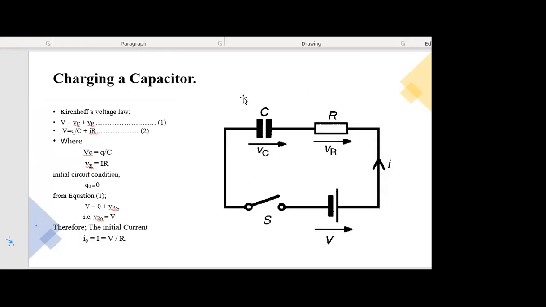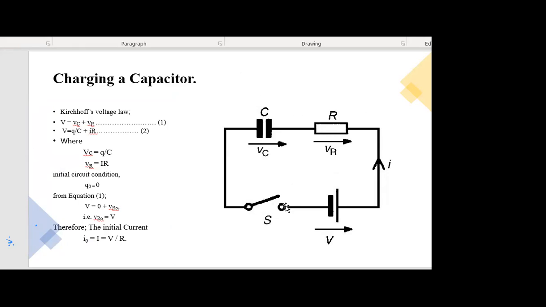So we look at how voltage grows in the CR circuit.